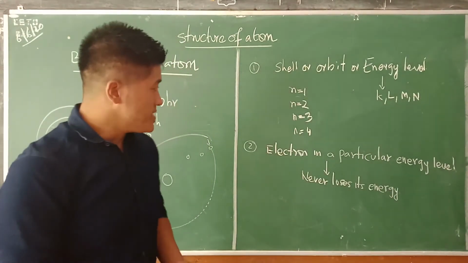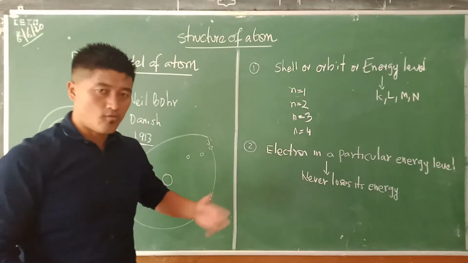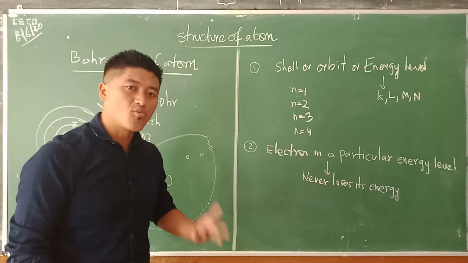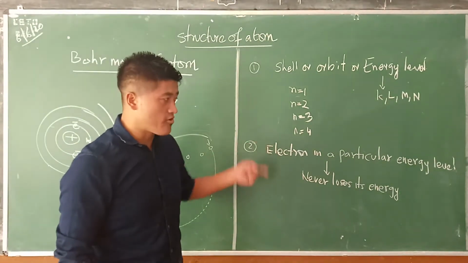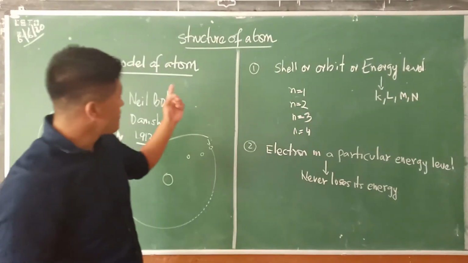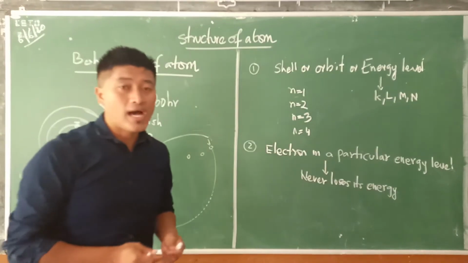These two points explained the drawback faced by Rutherford. So these two points are very important from the perspective of the Niels Bohr model of atom.